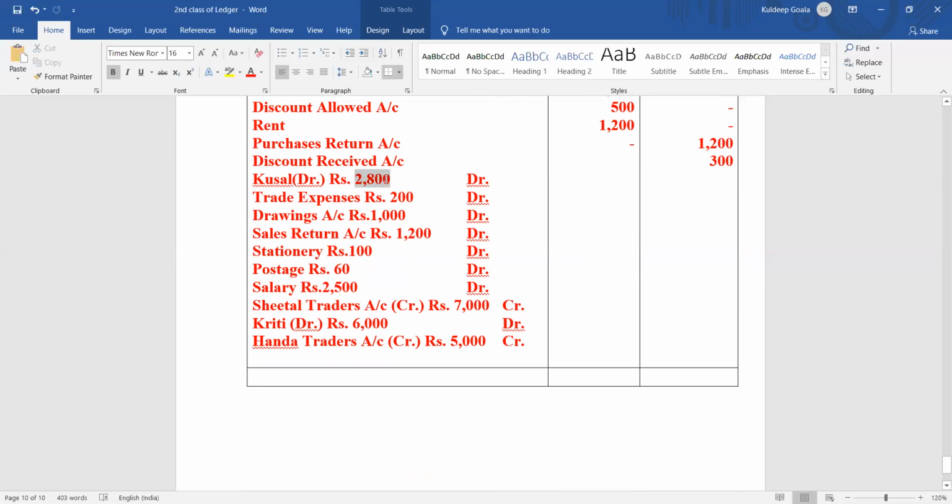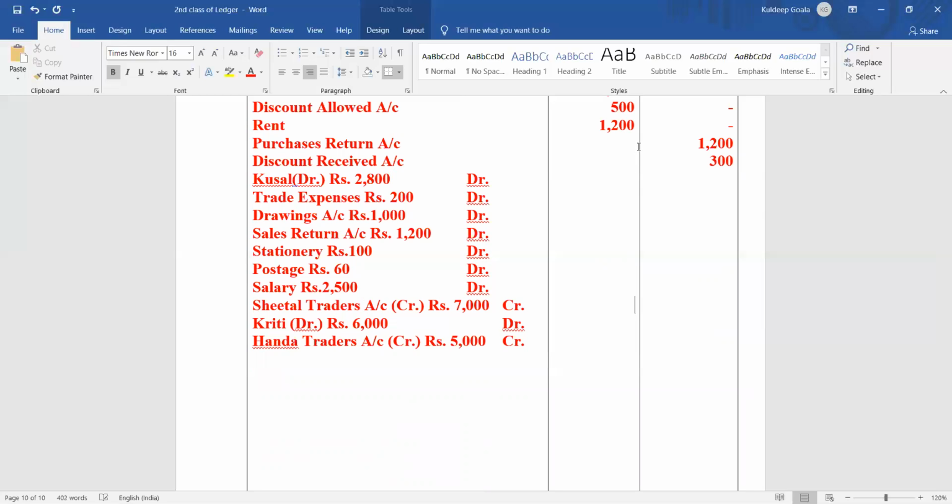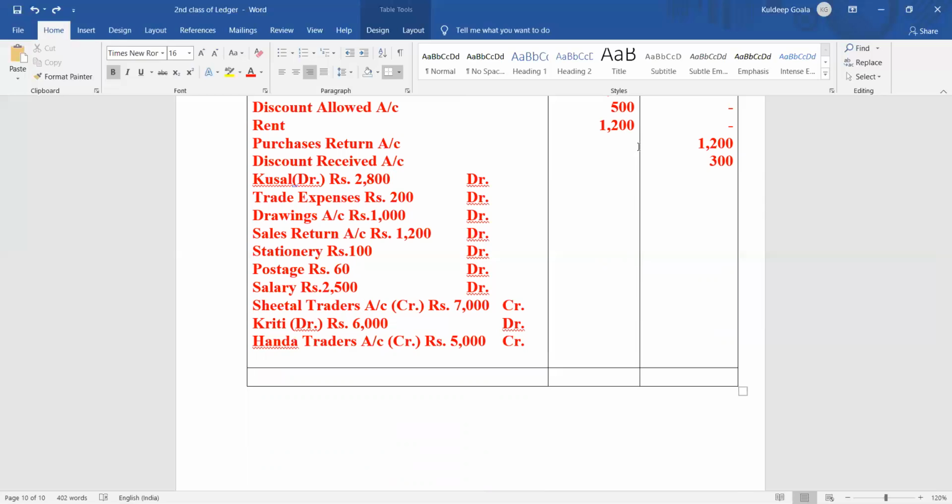Kushal, it is debit, so it will come in the debit side. Yeah. So Kushal is in the debit side, you just show it in the debit.